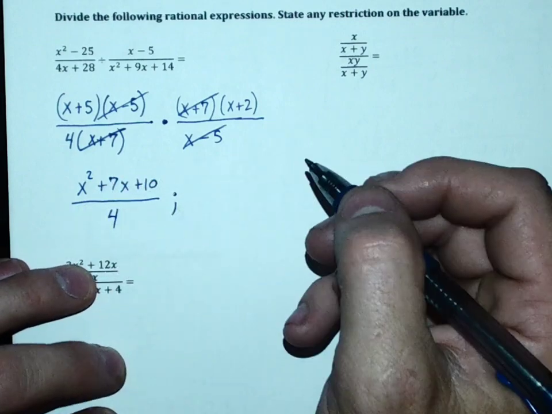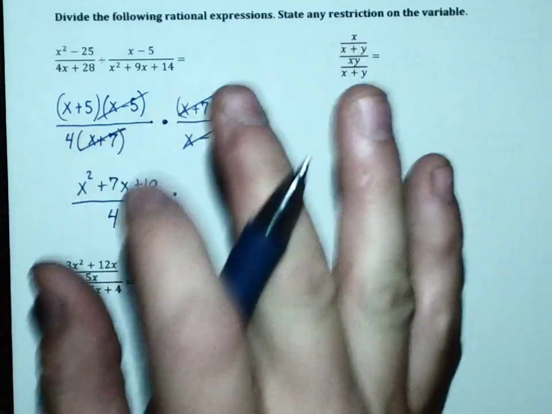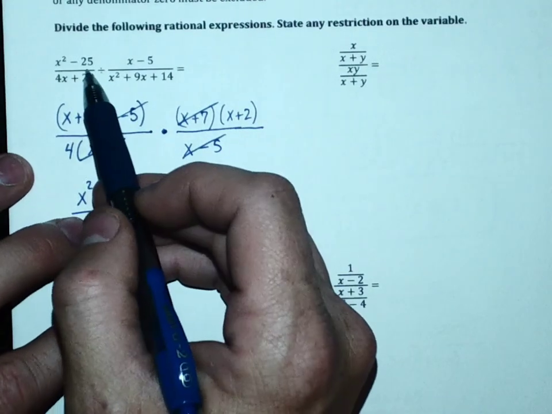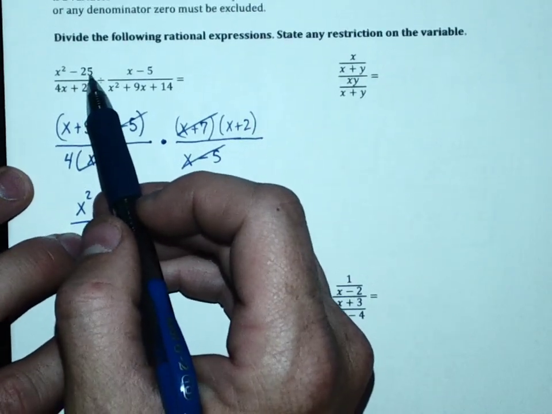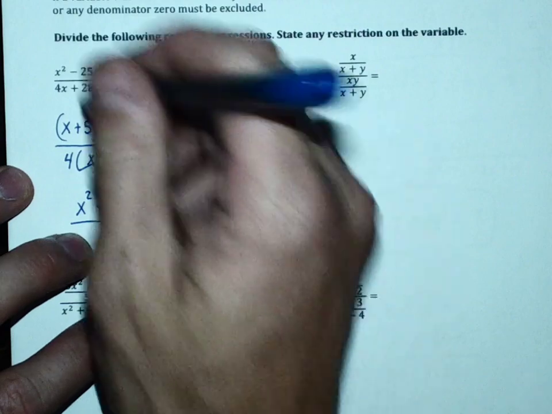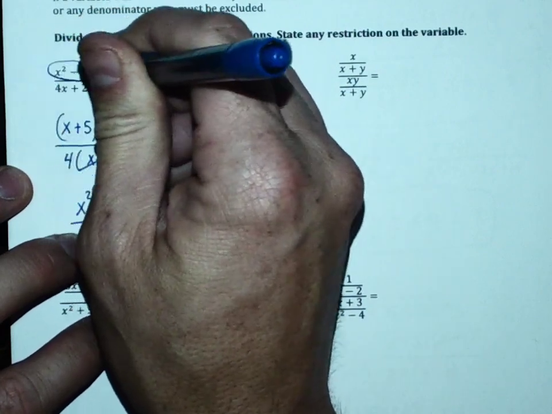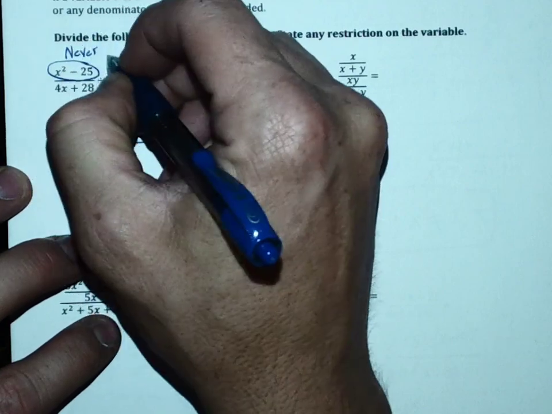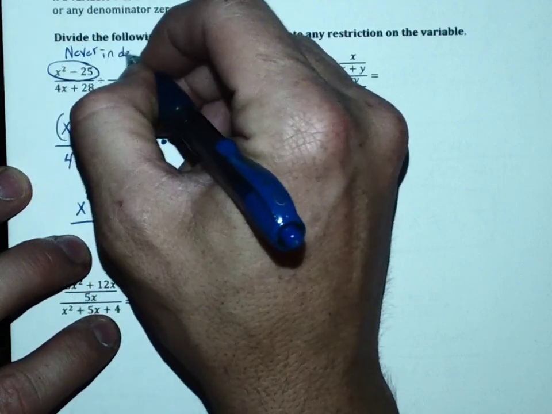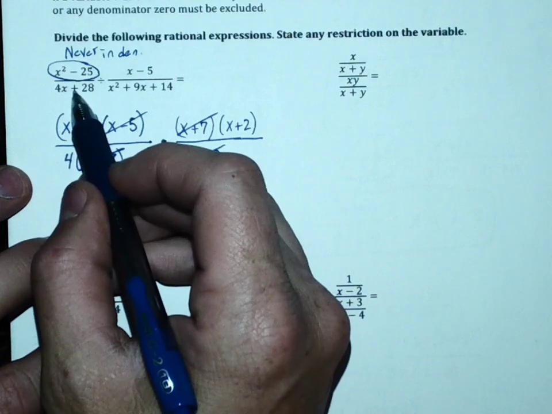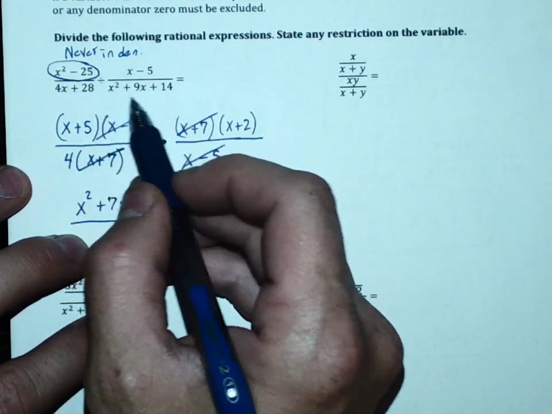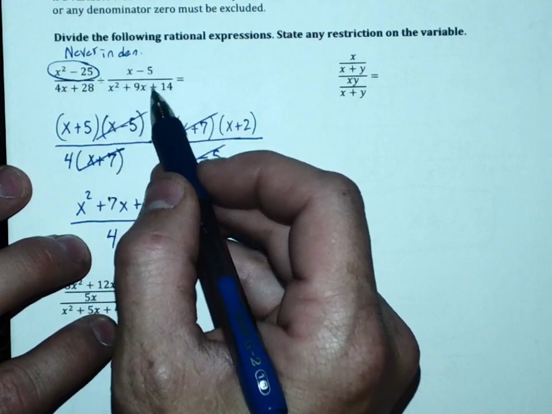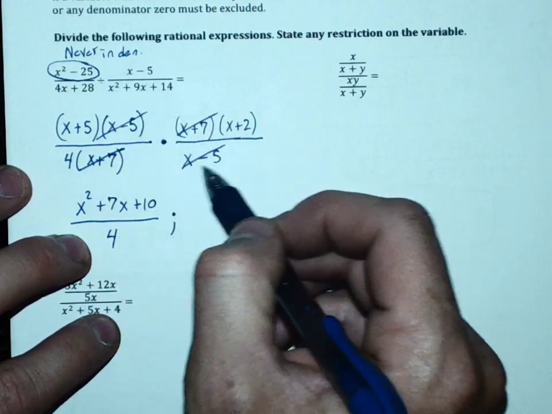State your restriction. Little bit different here. The only thing that never was in the denominator is this. This is the only thing that was never in the denominator. This is the denominator right now. This is a denominator right now. But also this, when you flip it, becomes a denominator.